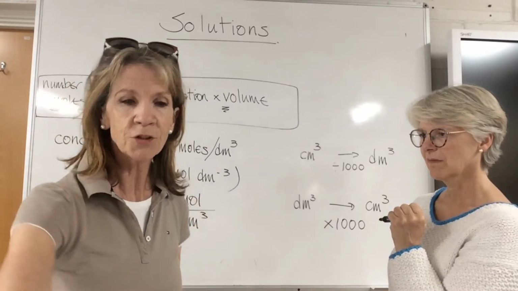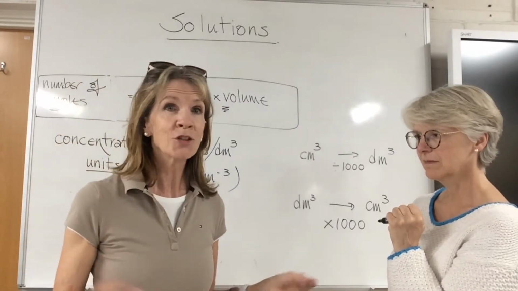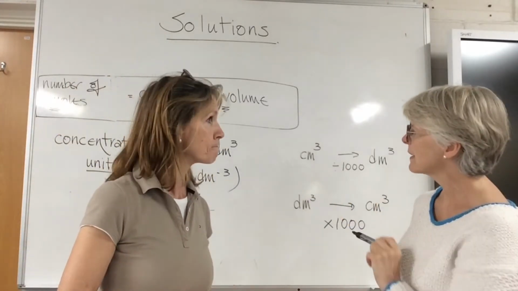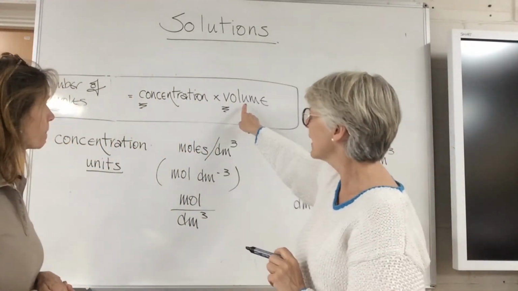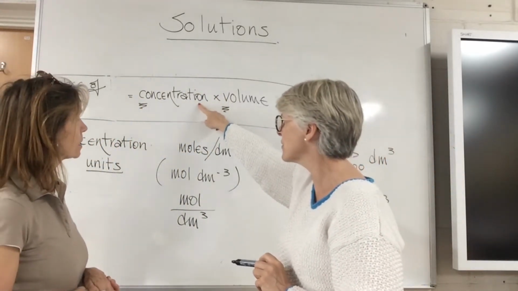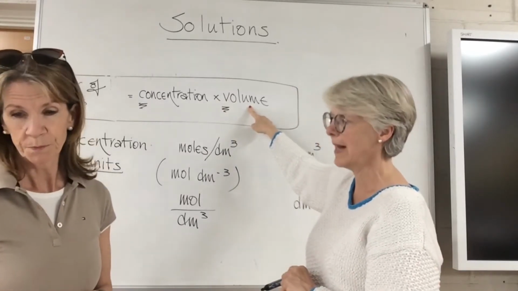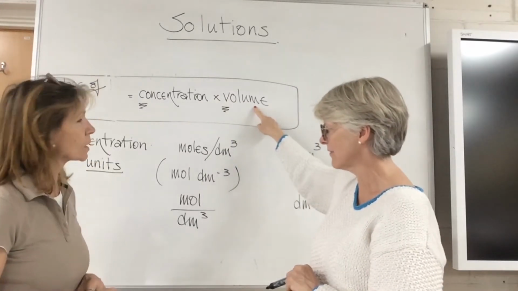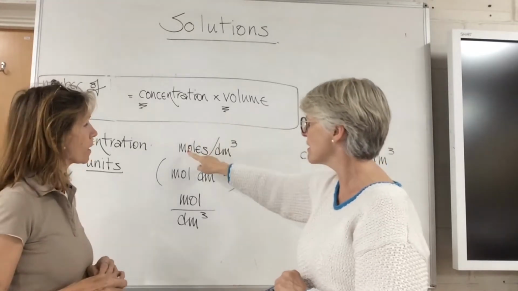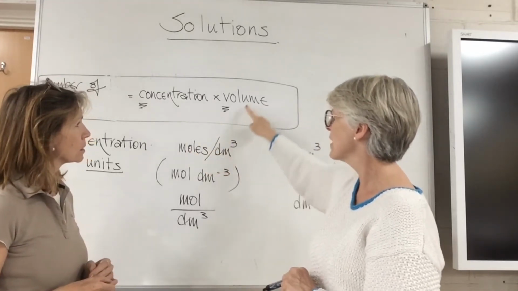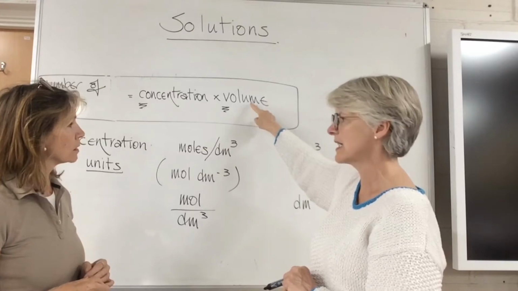Well, I think actually, Kim, we've sorted out concentrations. One thing I think we ought to point out is that the concentration units and the volume units have to match. That's what you've got to be very careful about. So if your concentration is in moles per decimetre cubed, your volume must be in decimetres cubed.